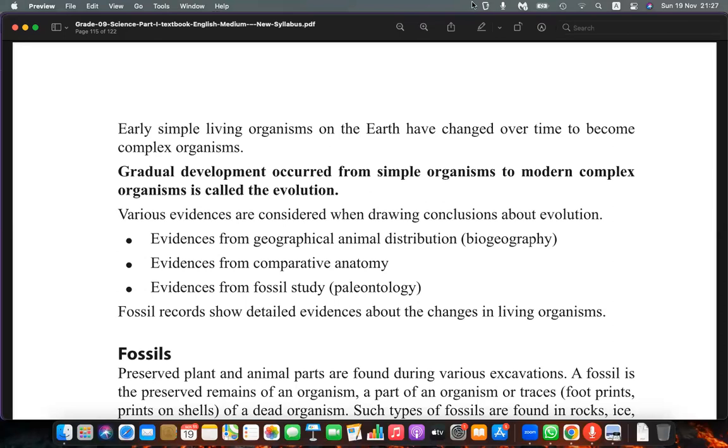How this evolving happened, that is called geographical distribution. And also comparative anatomy, like the human body as well as different animal bodies, the comparison between them is also evidence.